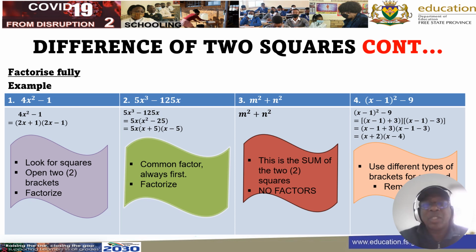By removing the big brackets, we will have (x minus 1 plus 3) into (x minus 1 minus 3). Then you simplify inside the two brackets. When we simplify, we'll have (x plus 2) into (x minus 4).